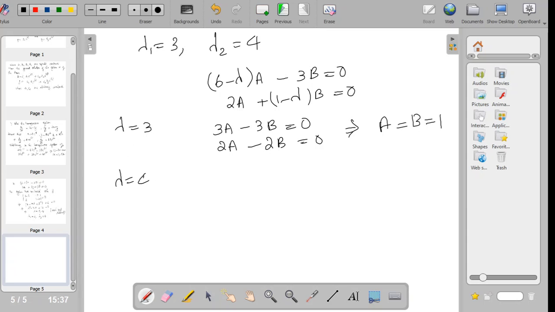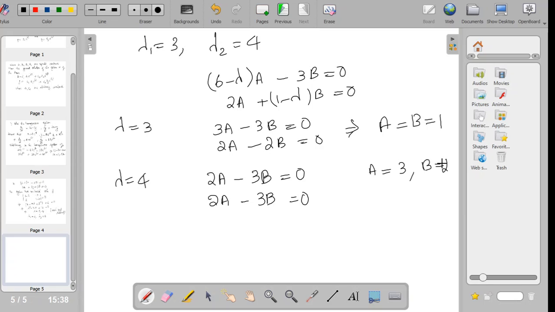Similarly when lambda is equal to 4, you will get 2a minus 3b equal to 0, and the second equation also gives 2a minus 3b equal to 0. So take a equal to 3 and b equal to 2.